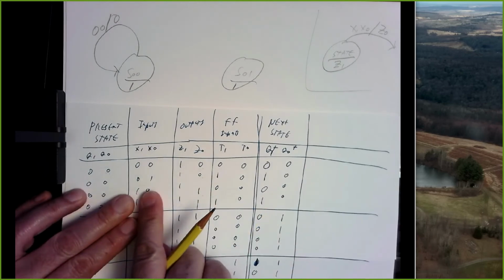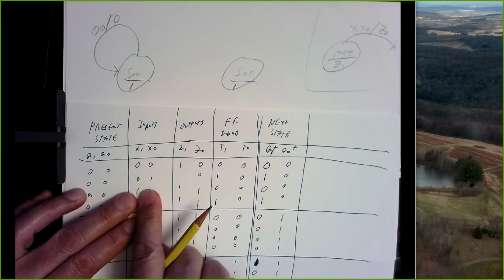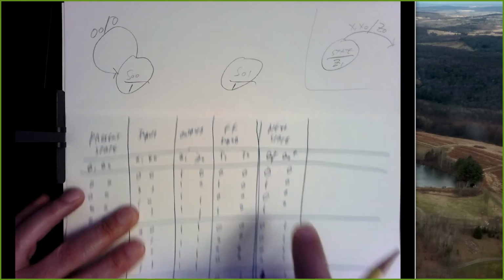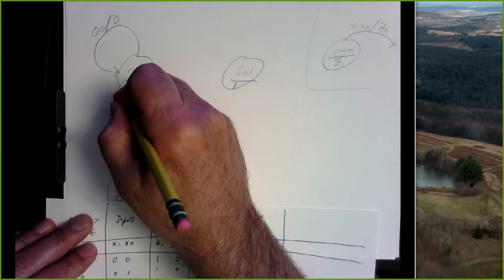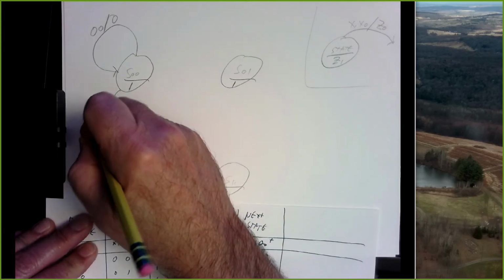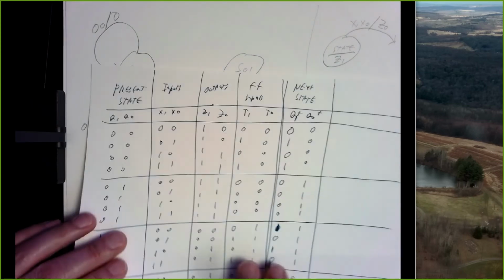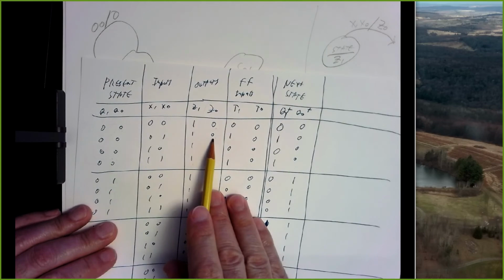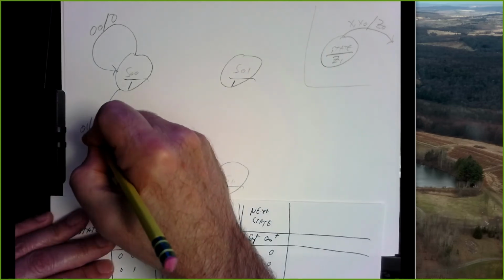If you're in 0, 0 and your input is 0, 1, you should go to state 1, 0. So if your input is 0, 1, you go to state 1, 0. And in that case, your output Z0 is a 0.